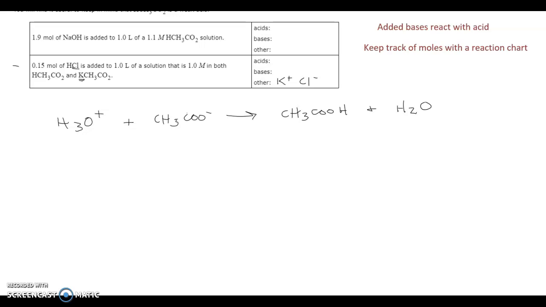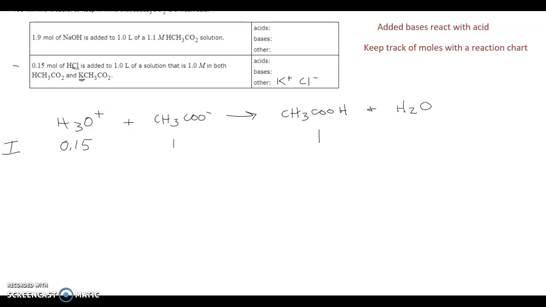So let's keep track of our moles and our initial amounts. We have 0.15 moles of the HCl, and we have 1 liter of the other stuff that is 1 molar in both the acetate and the acetic acid. So we're going to have 1 mole of acetate and 1 mole of the acetic acid.